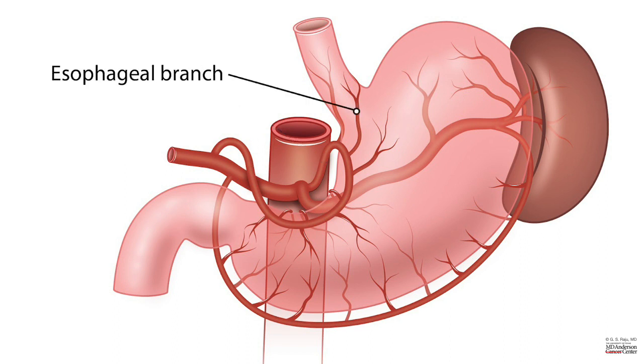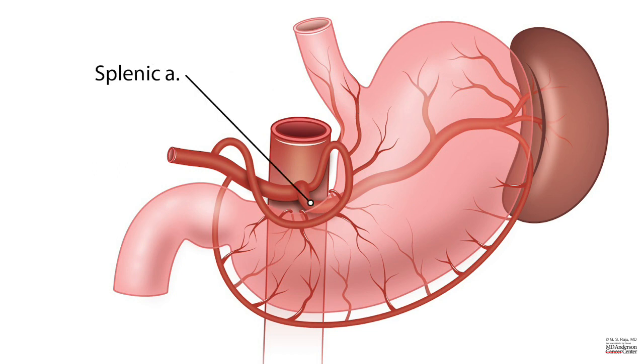The next one is the splenic artery that goes behind the stomach, and sometimes the splenic artery could be seen as a bulge in the upper portion of the body of the stomach, and sometimes people may mistake it that there is a mass there.